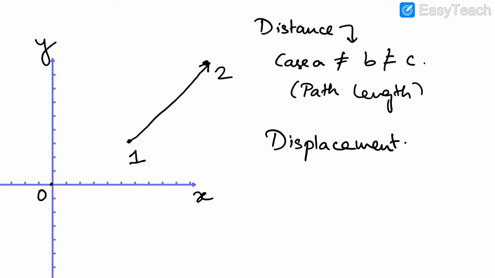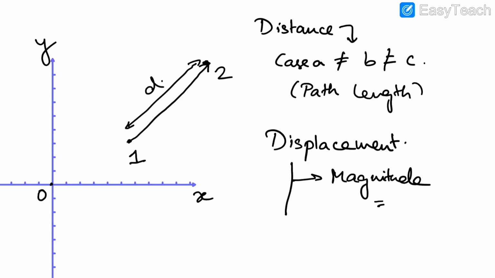Now when you refer to displacement, it contains 2 things. It has the magnitude, which is, suppose the straight line length from here to here is d12, the magnitude will be d12. And what is the direction?